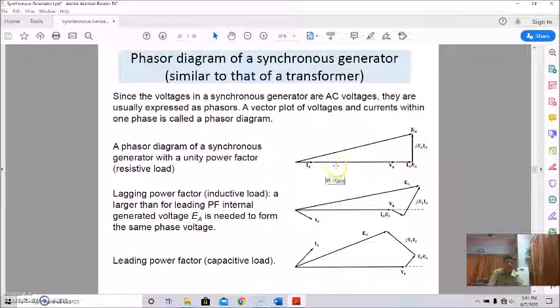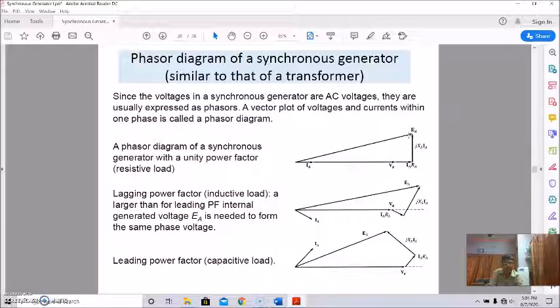If we take the phase voltage as the reference phasor and add the armature resistance drop IA RA and the synchronous reactance drop, which will be perpendicular, jXS IA, then the vectorial addition of the phase voltage, the armature resistance drop and the synchronous reactance drop will give you the induced EMF or excitation EMF in the armature.